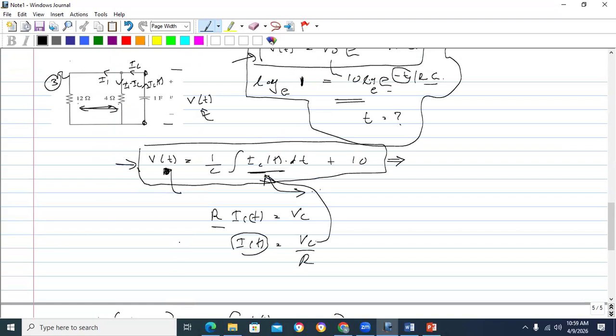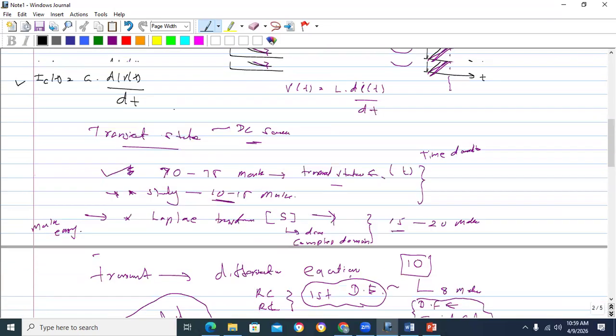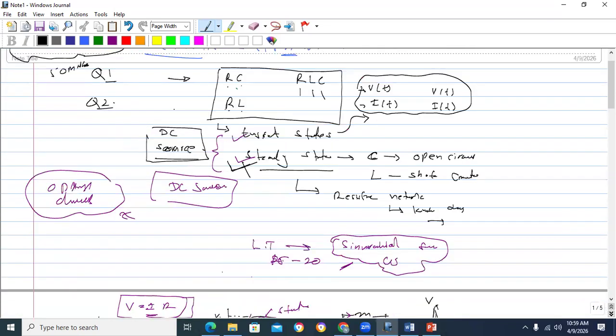Actually, when we write this equation, this IC is flowing to the capacitor. Now I wrote this equation for charging.